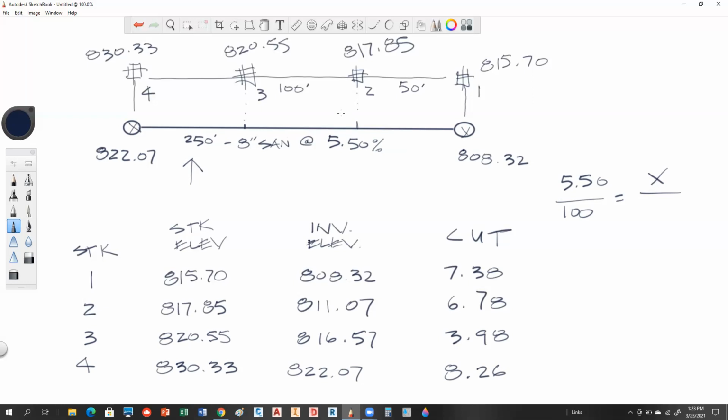Now, let me tell you this. You could take what you calculated at 100 and add it to this invert, and you should get the same number. But I went from this one to this one using 150. Just to show you something, if you took what you did at 100 feet and added it to this, you may not get exactly this.